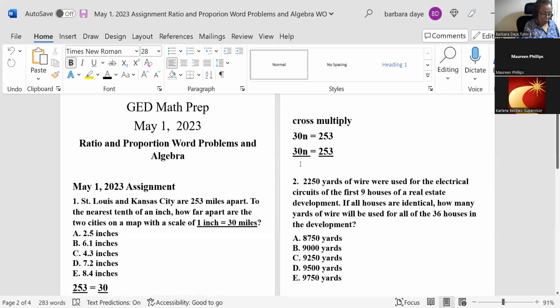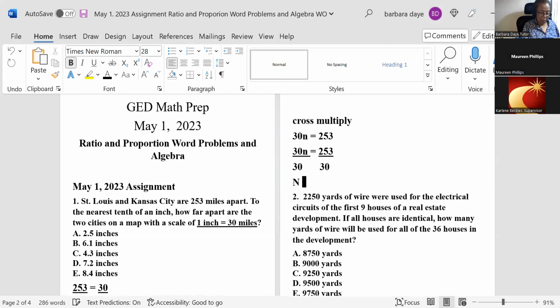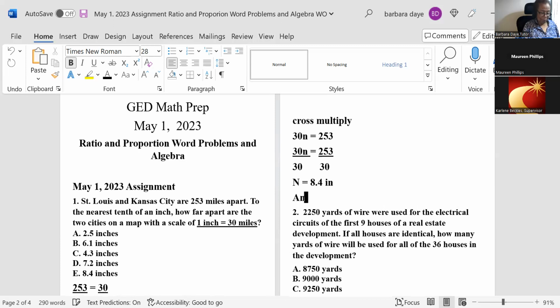Divide 253 by 30. I get 8.4. So n equals 8.4, and that's in inches. And that would be answer what? Answer E. That's correct.